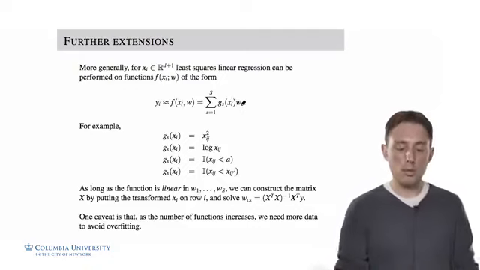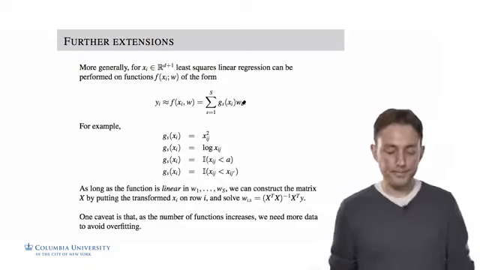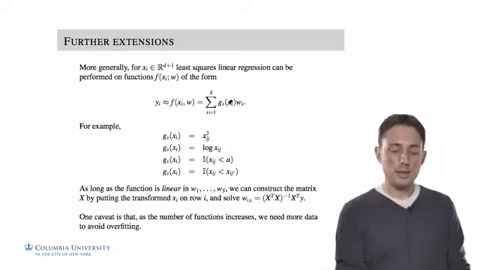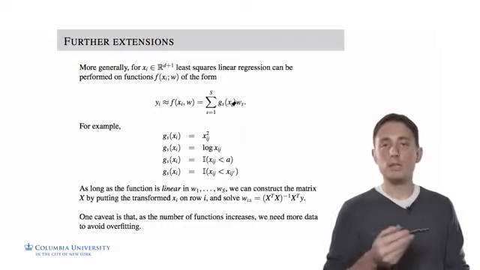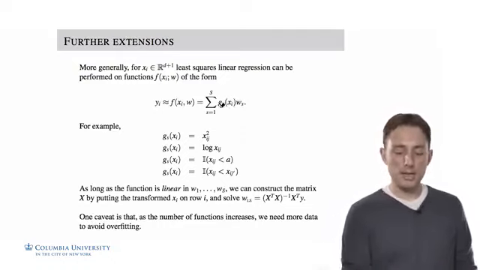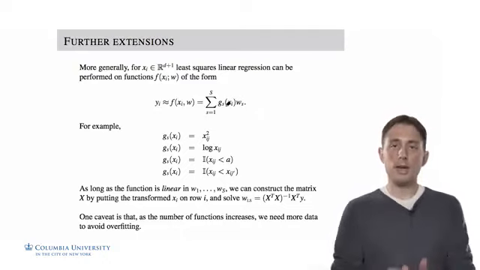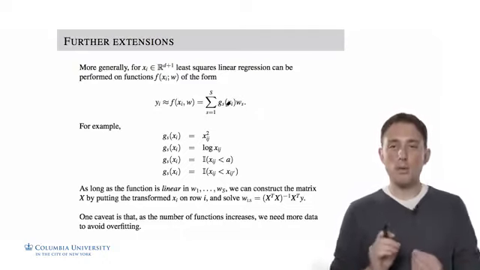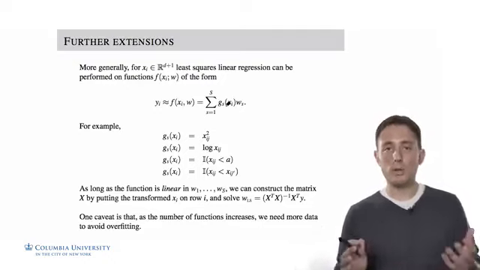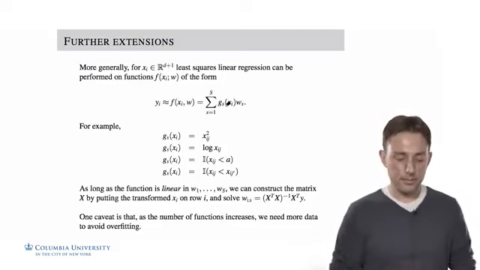So, for example, in the original problem that we looked at, we could have had gs simply take the input xi and return the sth dimension of it, meaning that this is simply taking a vector and picking out one of its dimensions, and that would give us the original linear regression problem that we looked at the beginning of the lecture.